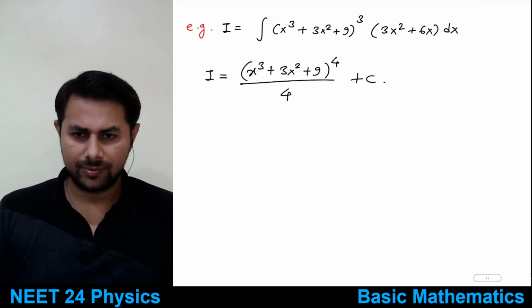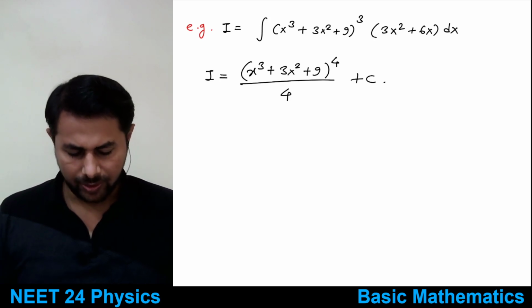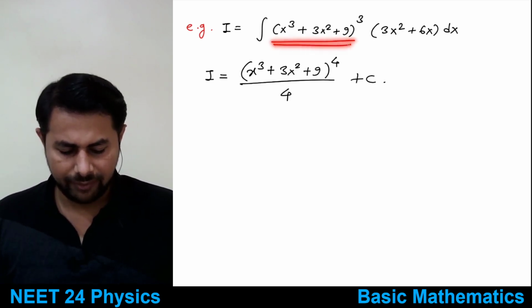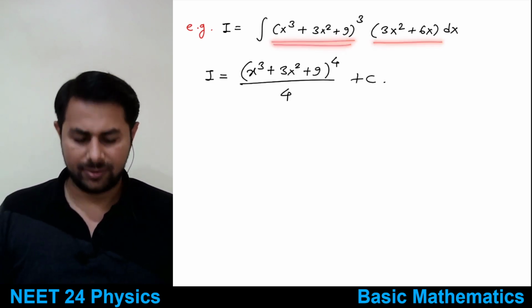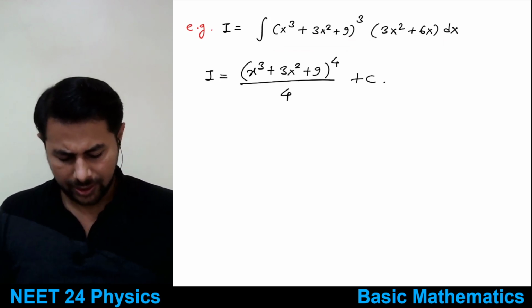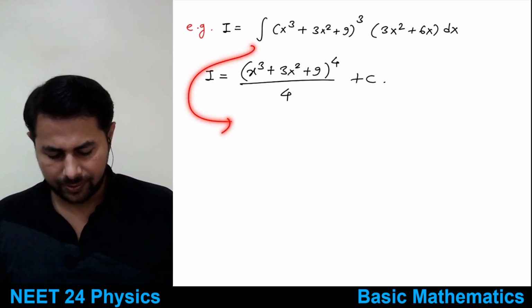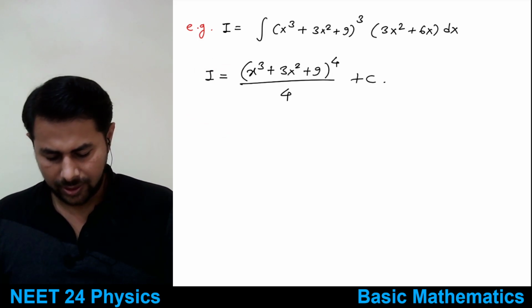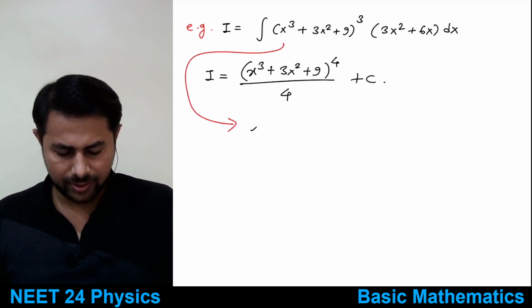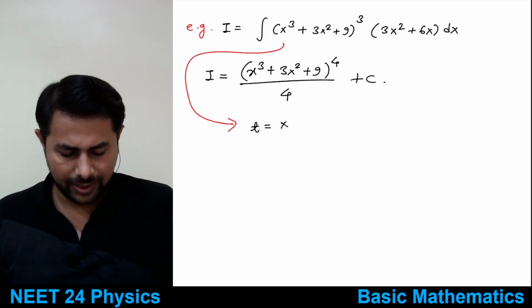Alright, no problem. See, you have the derivative of this in multiplication. So what you can do is substitute for this. This thing you can say is t. Let's say t is equal to x cube plus 3x square plus 9.